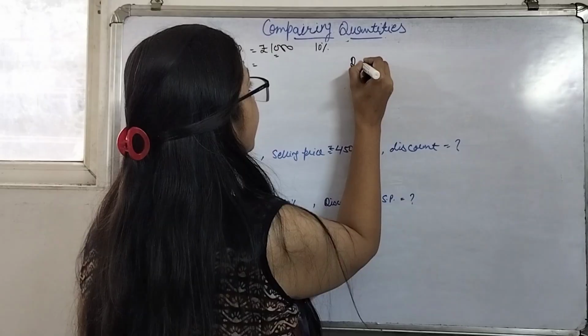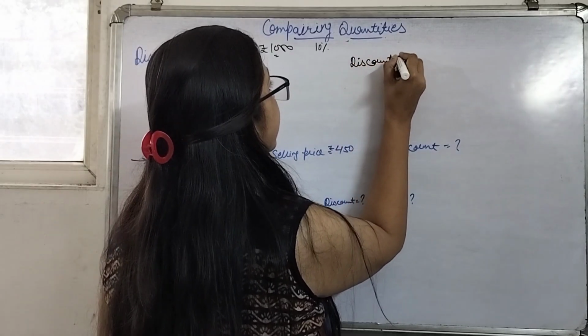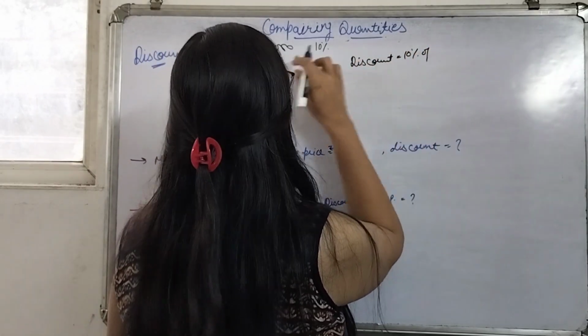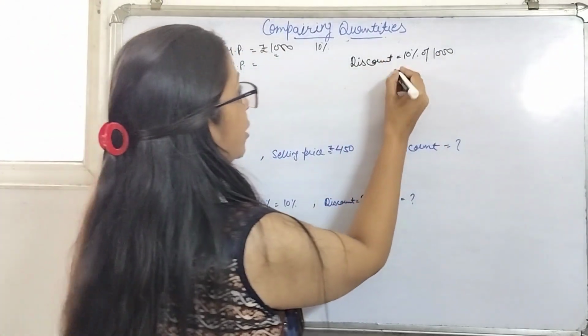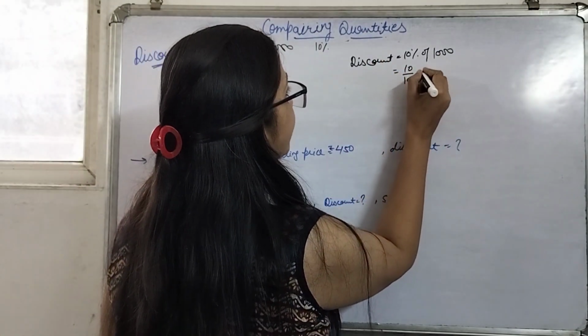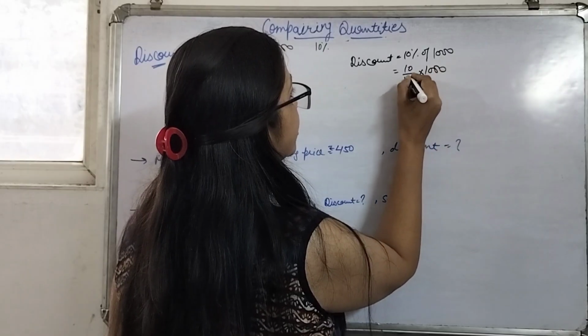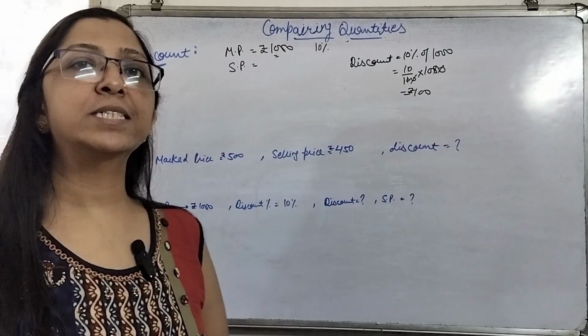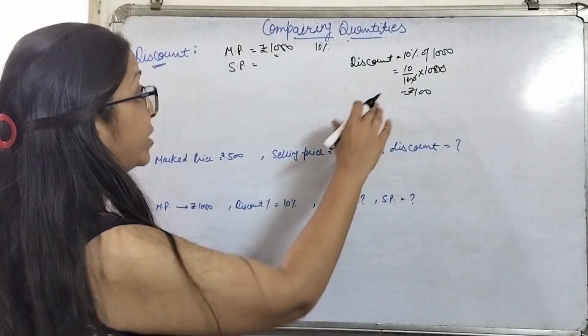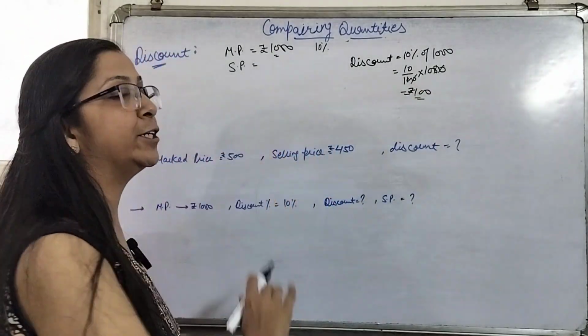So the discount will be 10% of the marked price, that is 1000 rupees. 10% of 1000 is 100 rupees. That means a discount of 100 rupees is given by the shopkeeper. So if the discount is 100 rupees, how much do we need to pay?